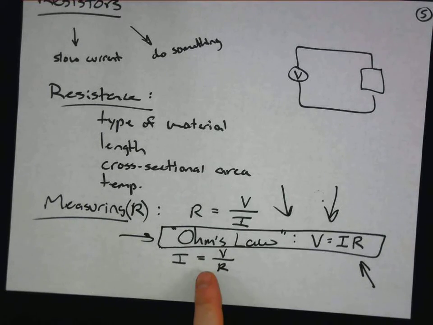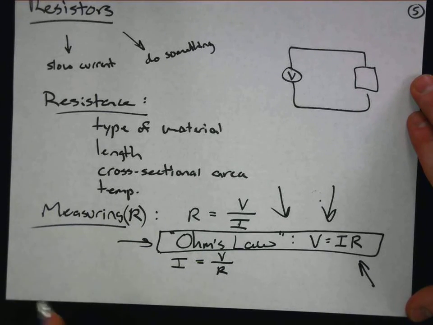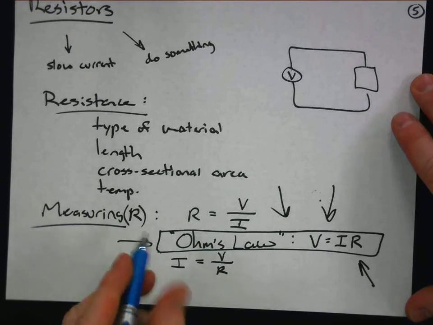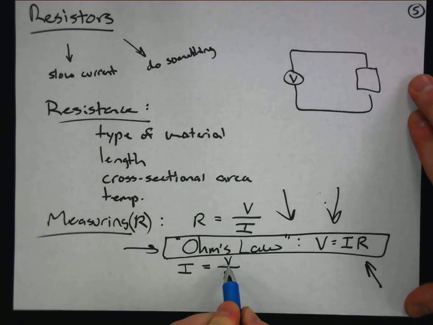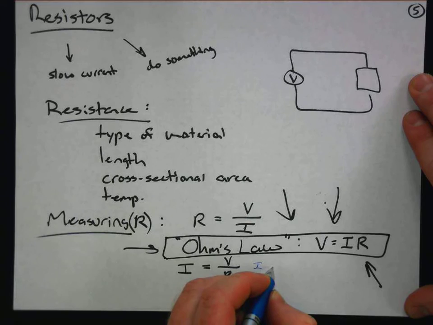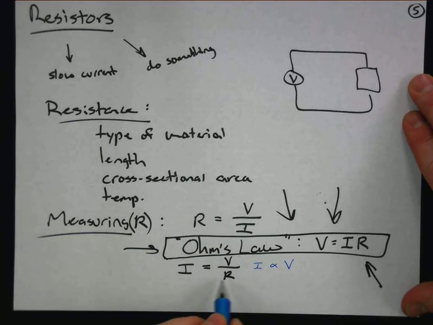The reason I like to write it like this is because it shows that the current that you get flowing through a circuit is directly proportional to voltage. So current is directly proportional to voltage. It also shows that current is inversely proportional to resistance.